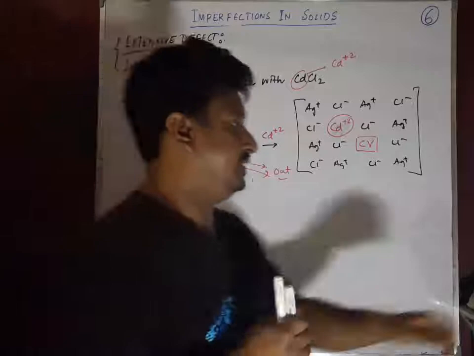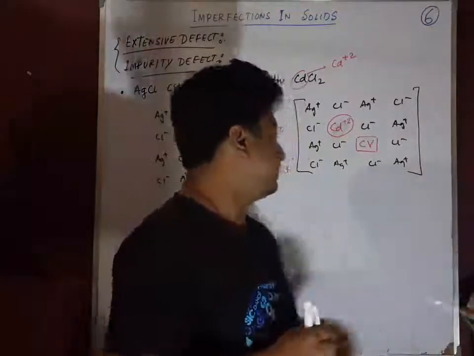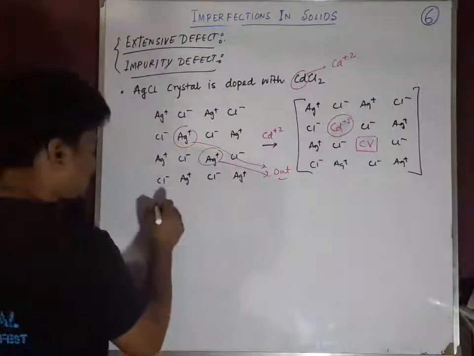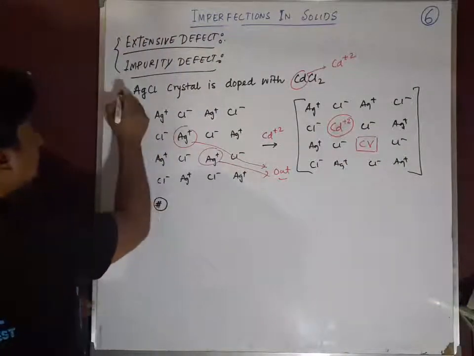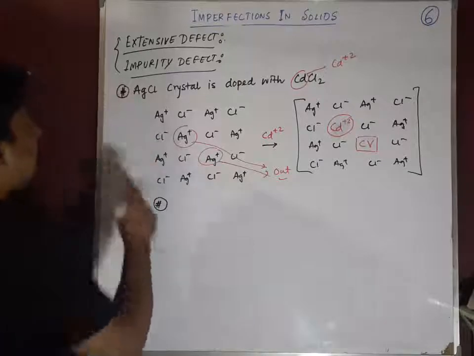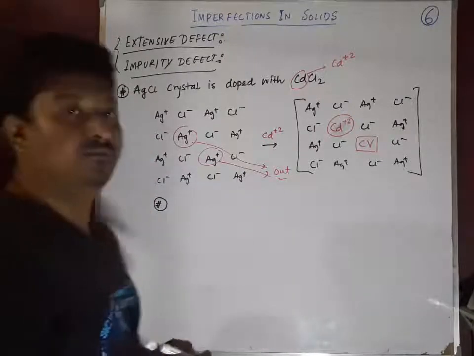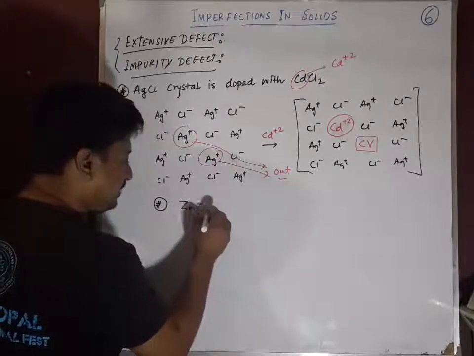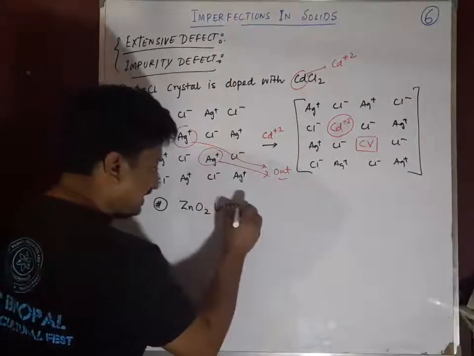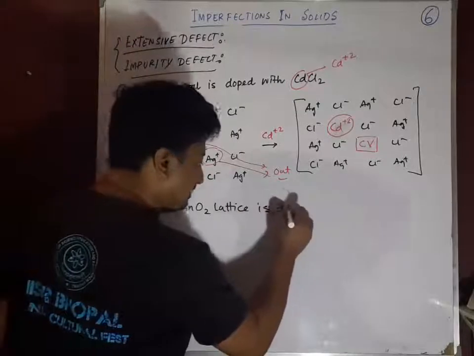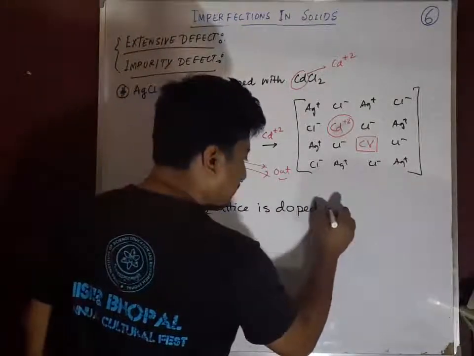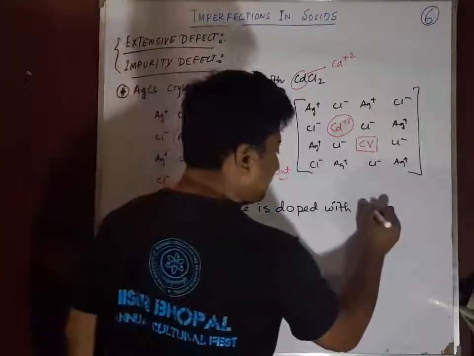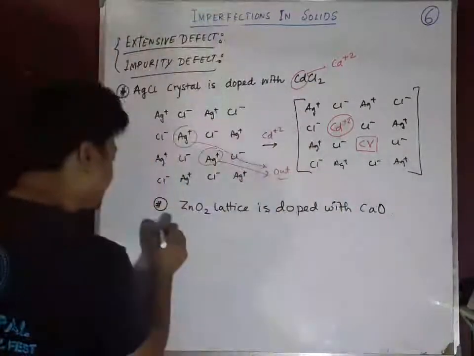So there are also a few other questions. Question number 1: silver chloride crystal is doped with cadmium chloride. Another question: ZnO2 lattice is doped with calcium oxide.